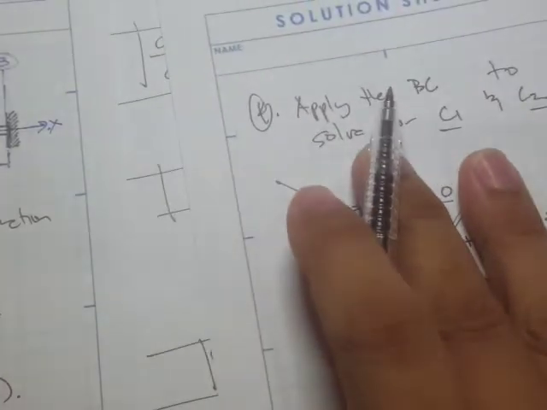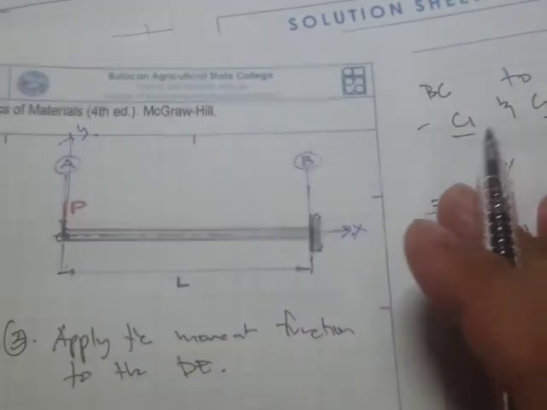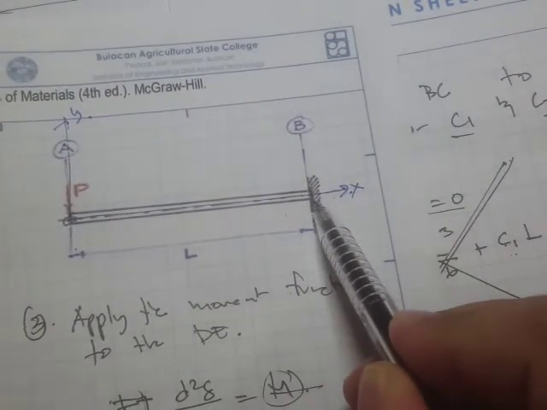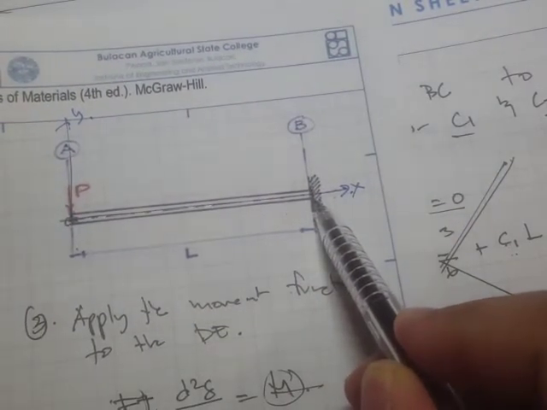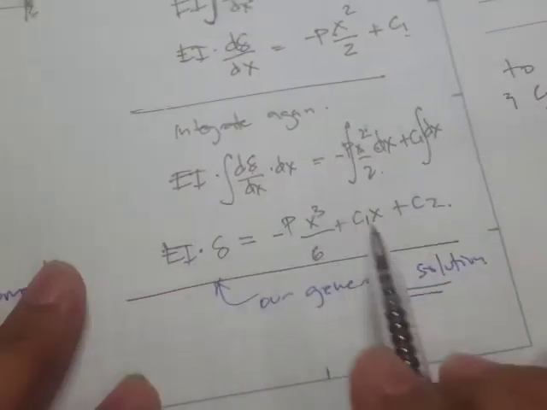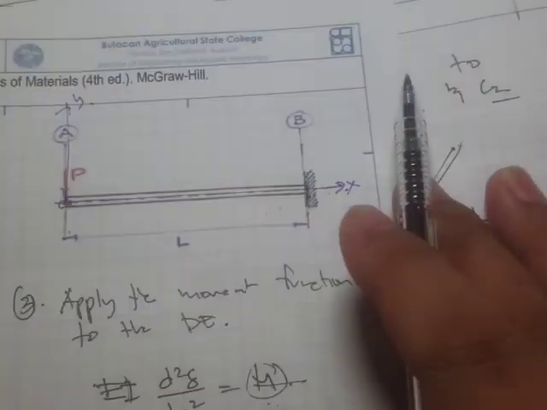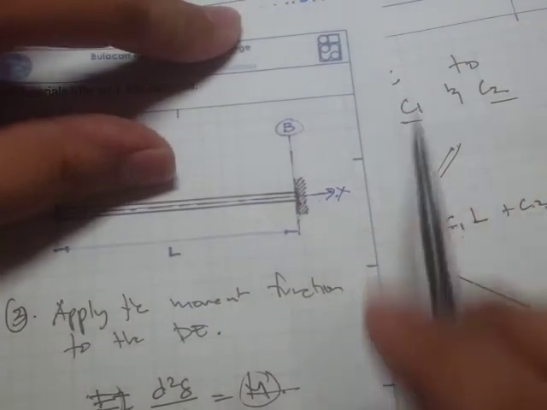This one. So therefore, we only consider this. Okay, but since we have two arbitrary constants, C1 and C2, where do we get our boundary conditions?